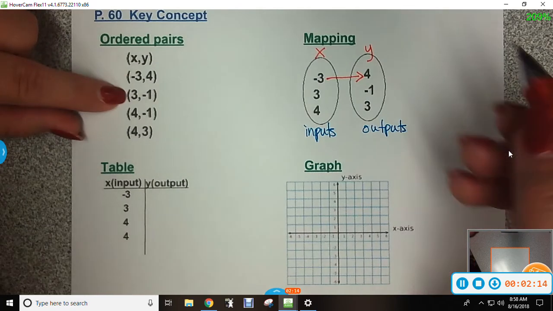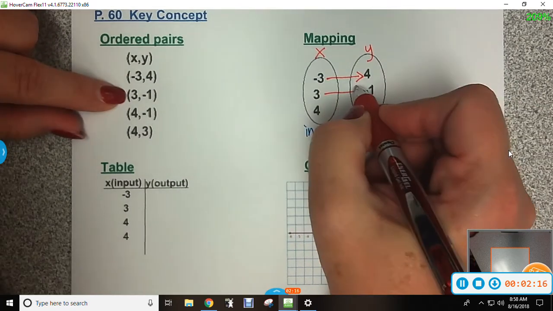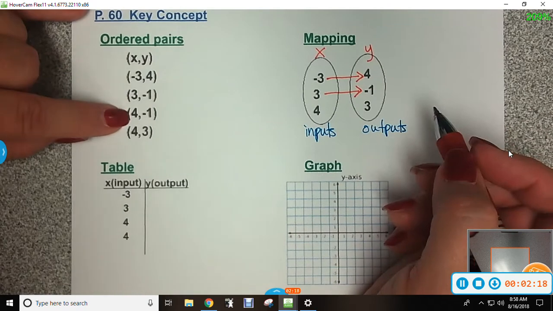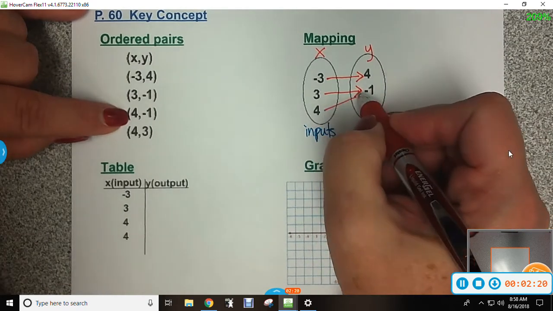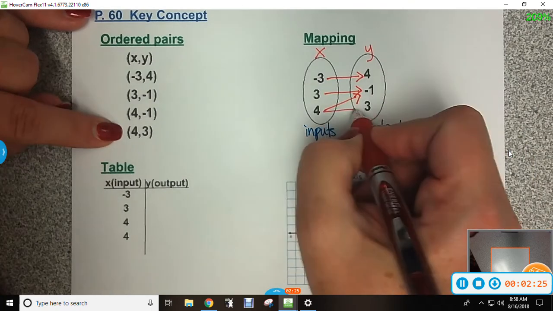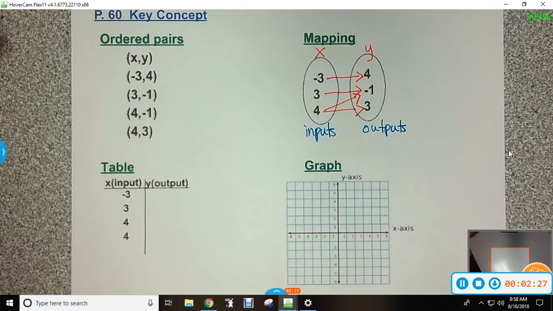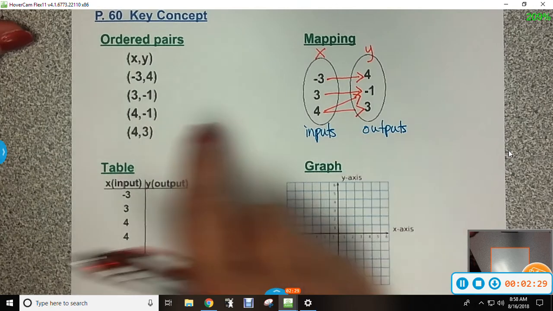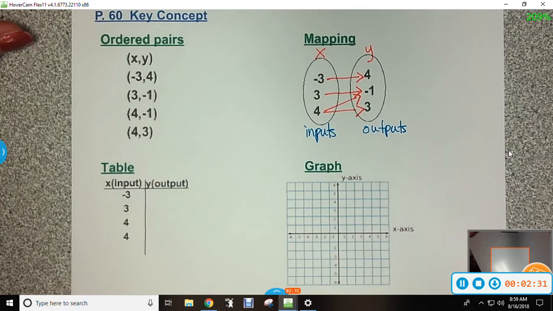And then I have 3, -1, 4, -1, and 4, 3. Okay, this mapping represents these ordered pairs. It's just another representation.